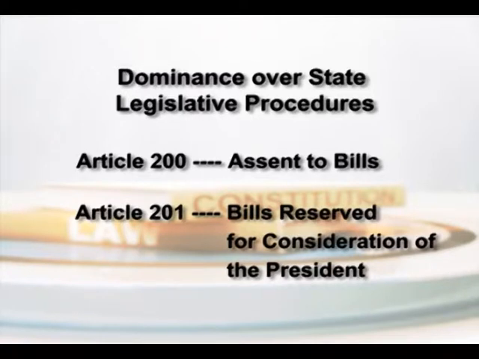Now, if the bill is reserved for the consideration of the President, what happens? It goes to the President for his assent. In case of central legislation, President is bound to give his assent. After 42nd Amendment, President was bound to give his assent without hesitation.